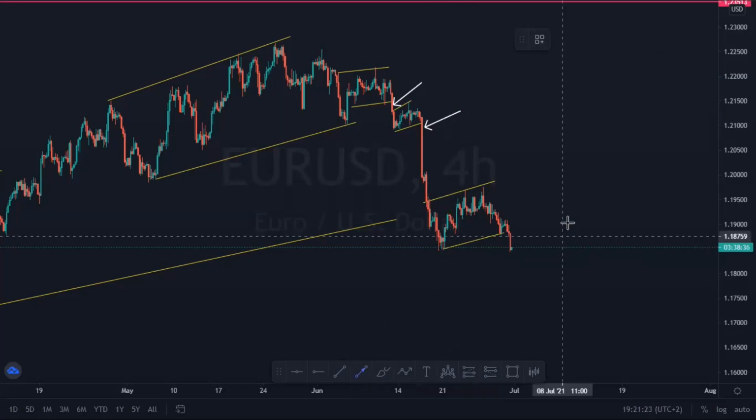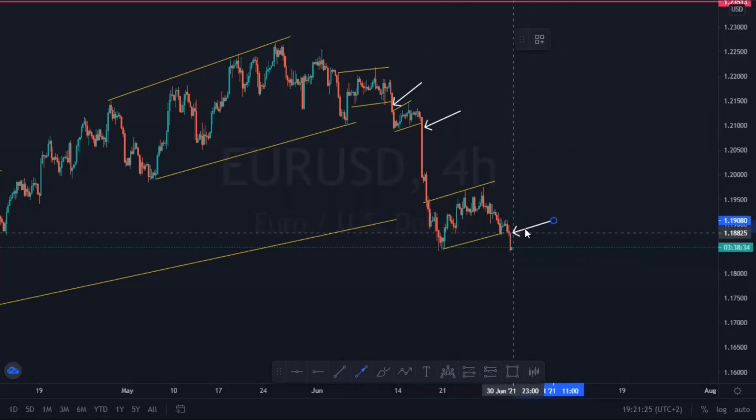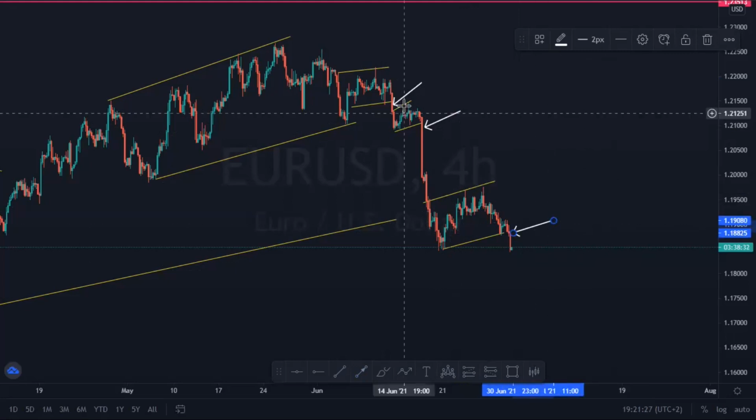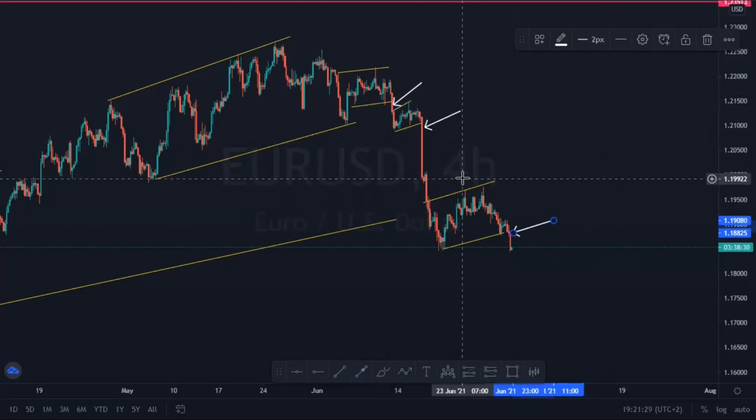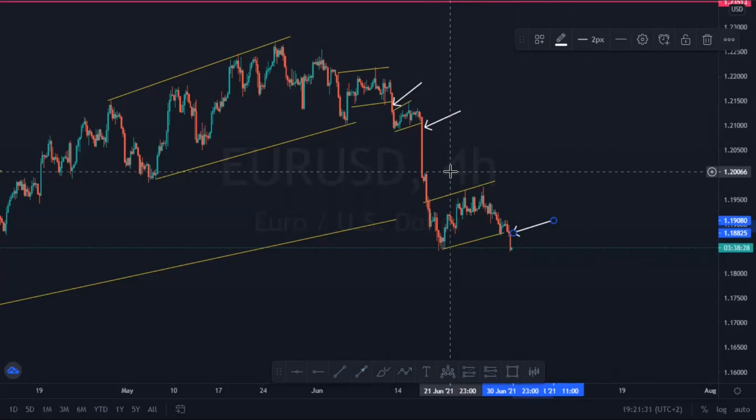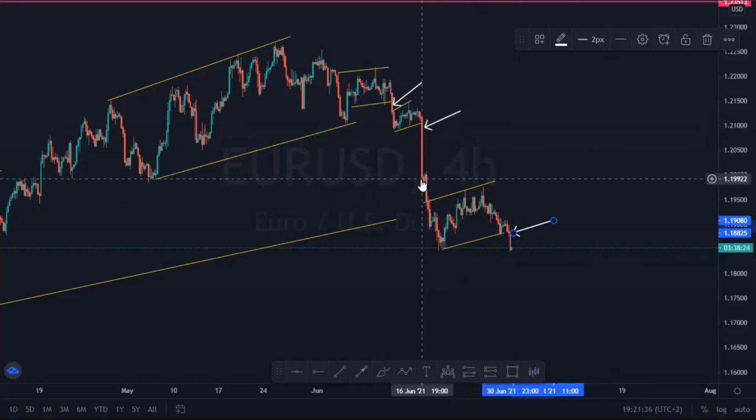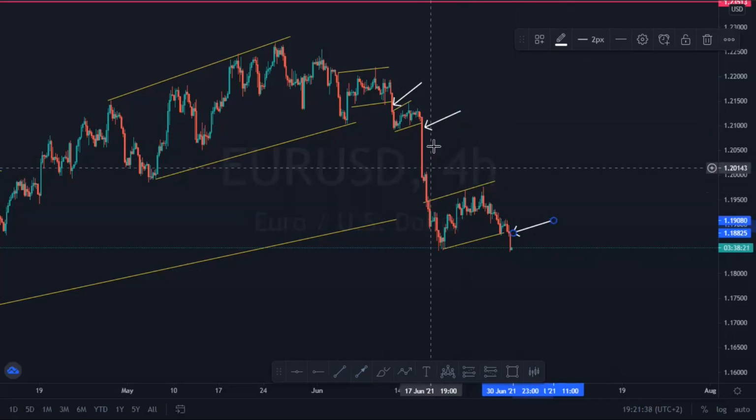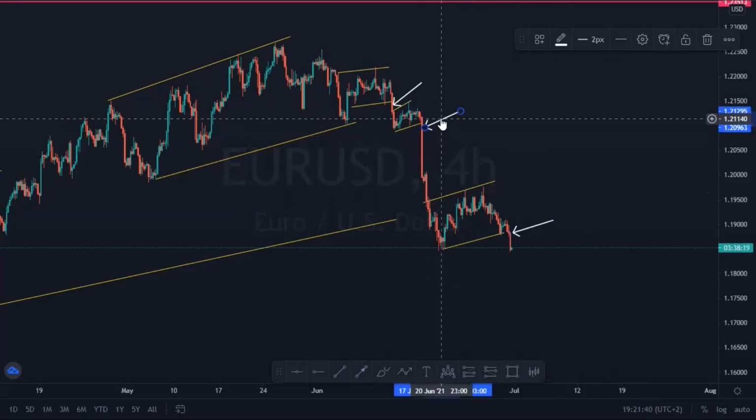You come here, you scale in here. How many trades have you placed? 1, 2, 3 trades. Even here, but when you go to a smaller time frame, you'll see there are even more opportunities. Because here I see another opportunity. Let's go to a smaller time frame again.